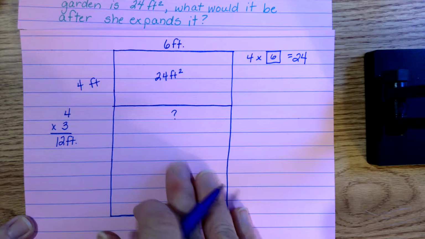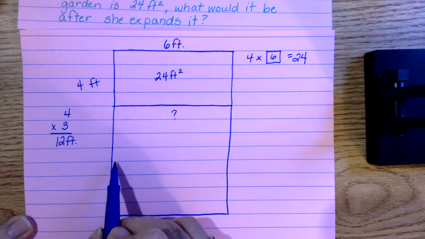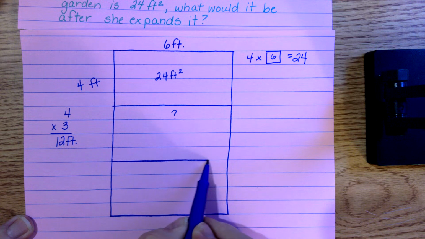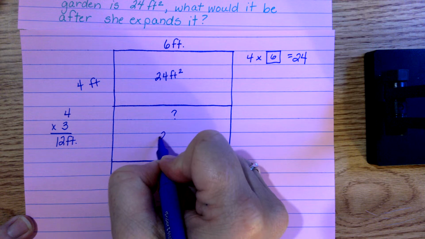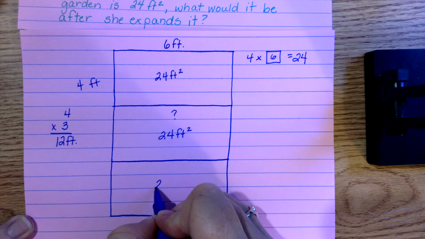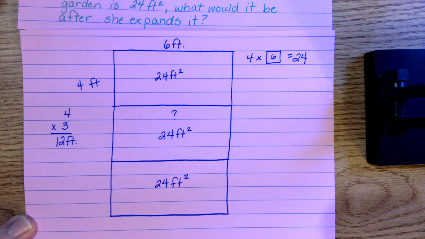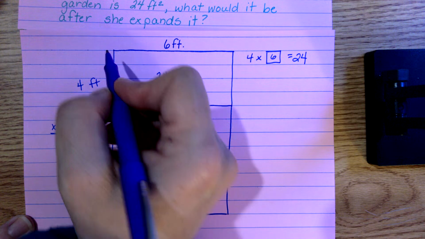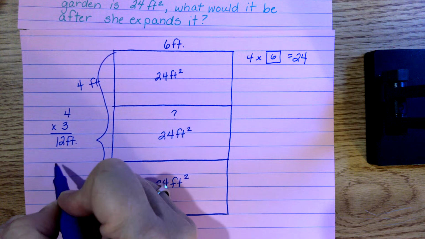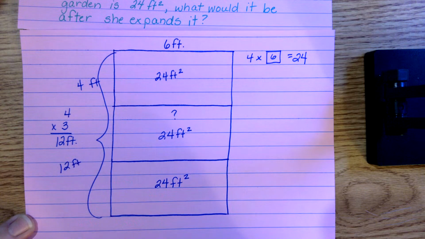We can do one of two things. We can take this 24 feet and we can multiply it by 3 because there's going to be 3 sets of 24. Or we can multiply 12 feet by 6 feet.